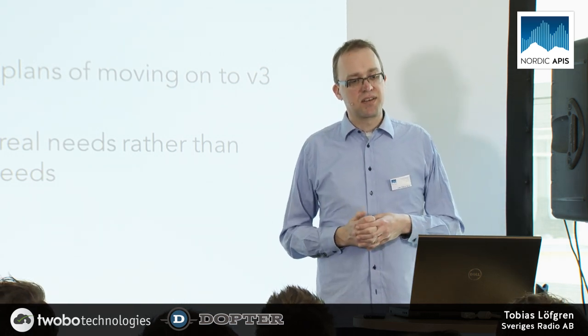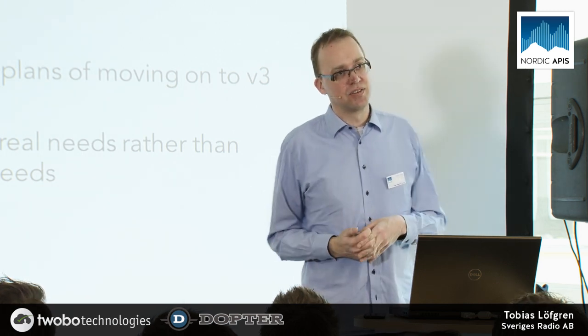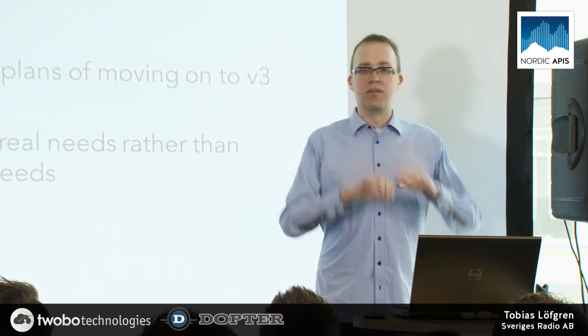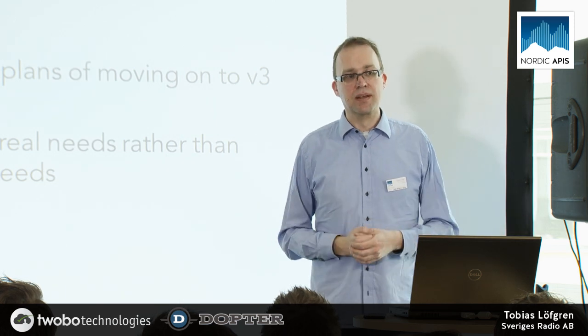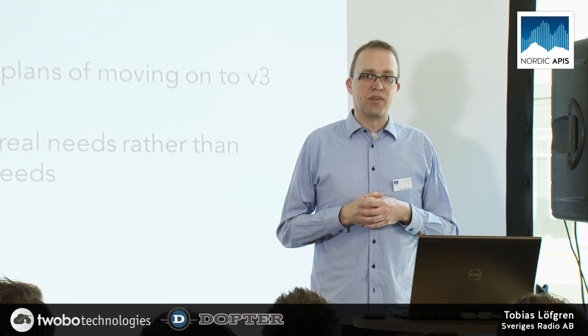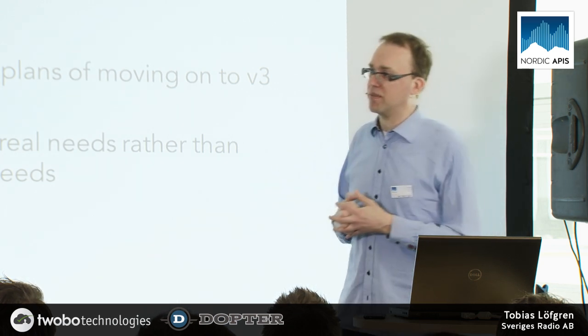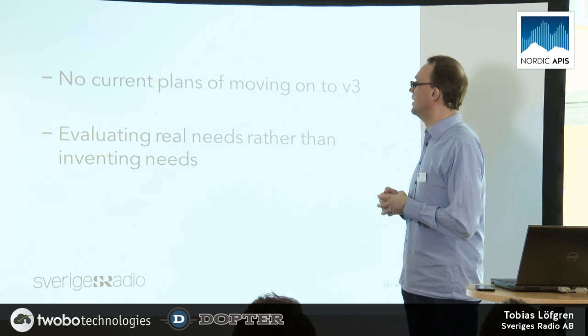So we had sketches of this huge behemoth of a really advanced version 3 of the API, where you could traverse this relationship tree, which could open up for a lot of very, very interesting apps, but it would also have been a huge development effort from our side.